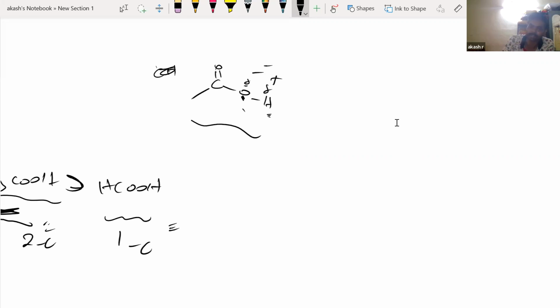Let me take another molecule. So you can have C double bond O, OH, again another molecule. Again you will have del negative on this and del positive on this. So you can have an attractive force between the partial positive charge and the lone pair, because the lone pair is again a negative charge.